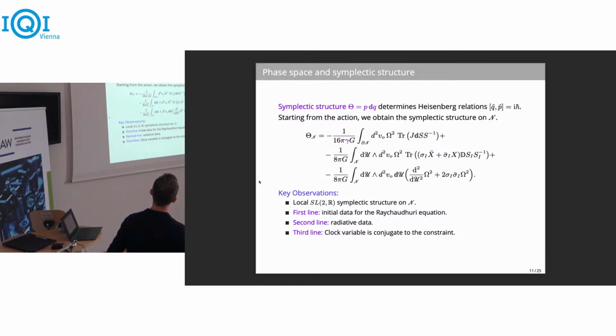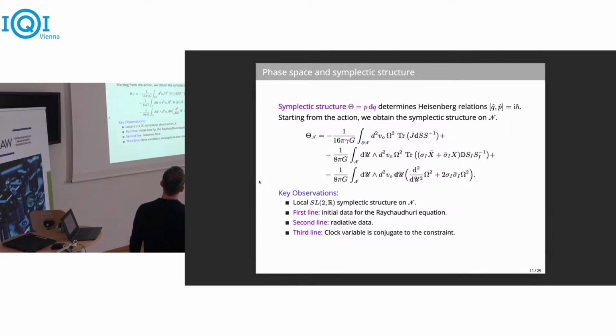There's one contribution coming from the boundary, from the cuts, from the two cross-sections that I introduced, the initial cut of the null boundary and the final cut of the null boundary. And what we see here is that the U1 part of the SL2R is canonically conjugate to the area density.